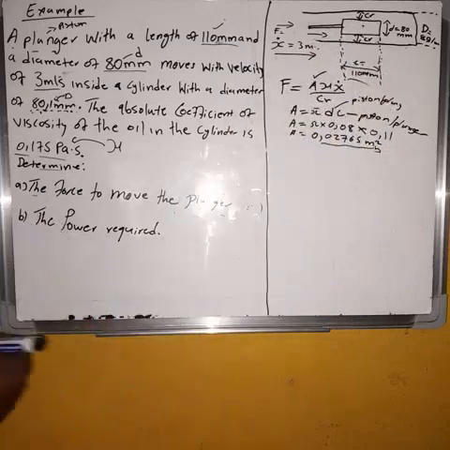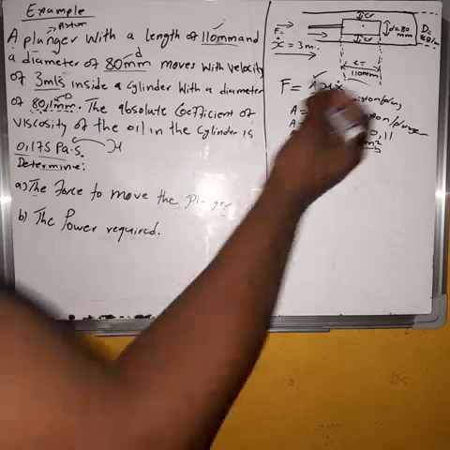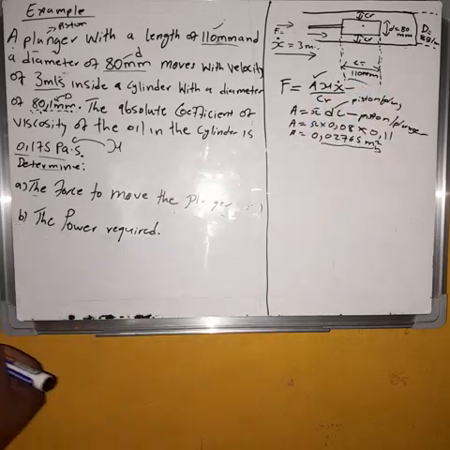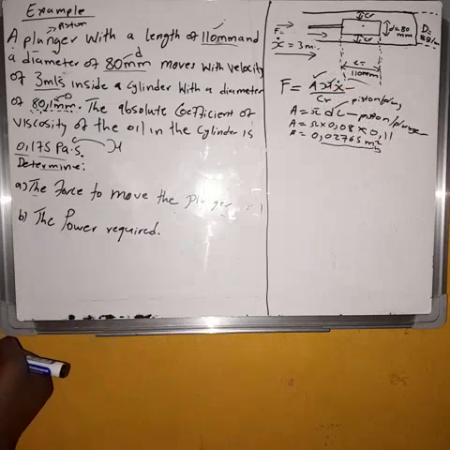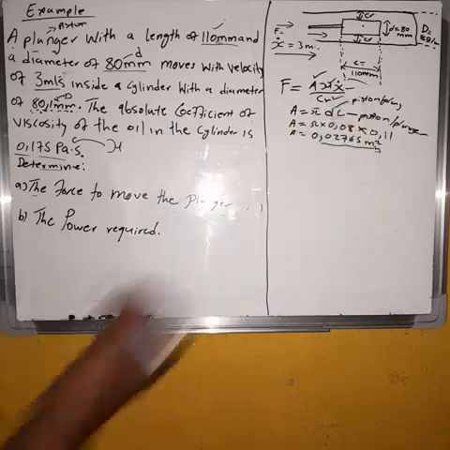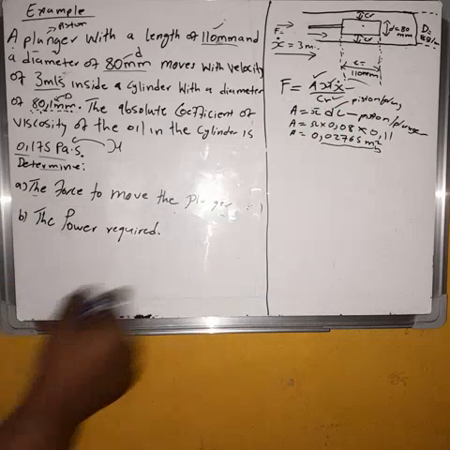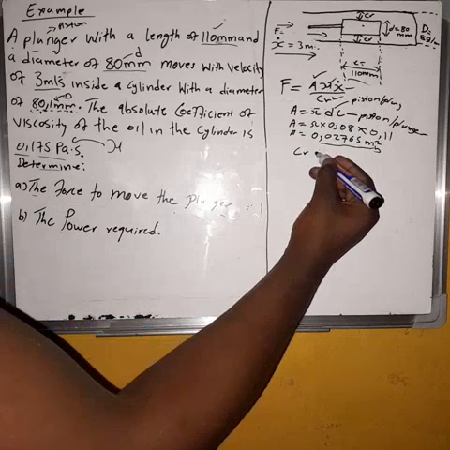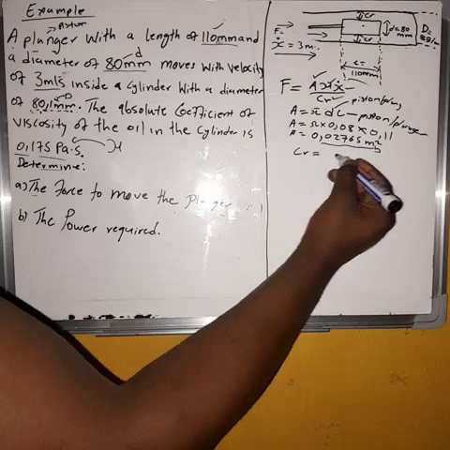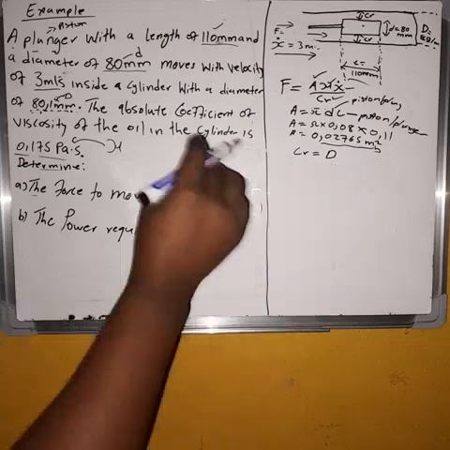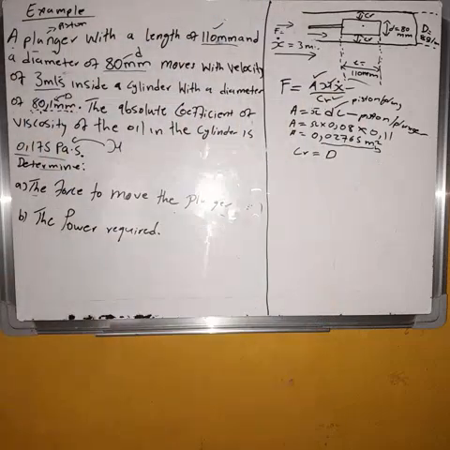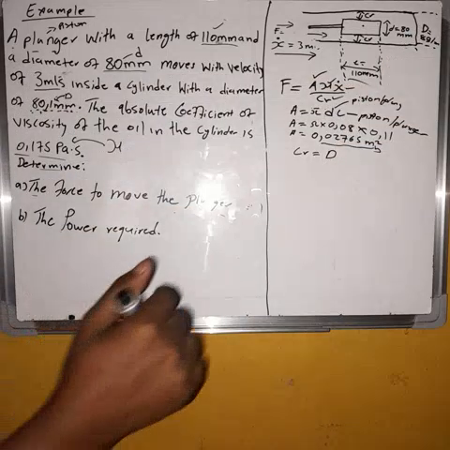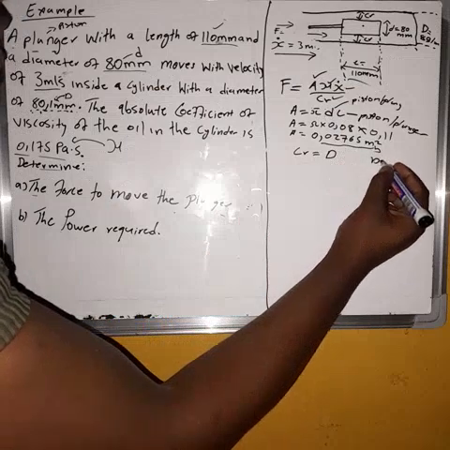We are done with this one. What about the clearance? We don't know the clearance, but we are able to calculate it. Remember, the clearance uses the big D, the diameter of the cylinder. This diameter is used only when you calculate the clearance.